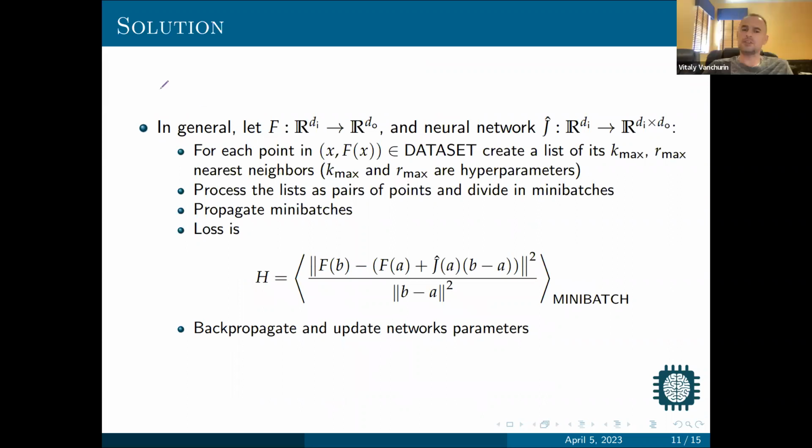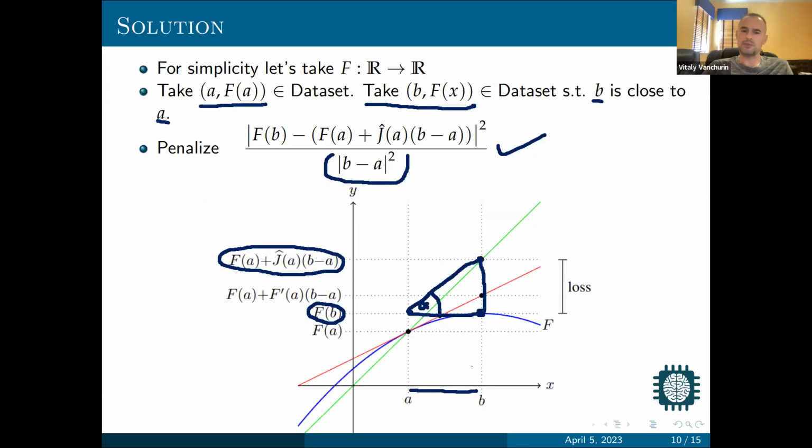Okay, and in this case, both A and B are in the data set, right? That's why you can do it. Yes, I say that here. Okay, I see.